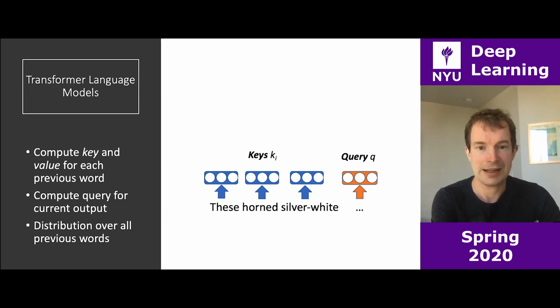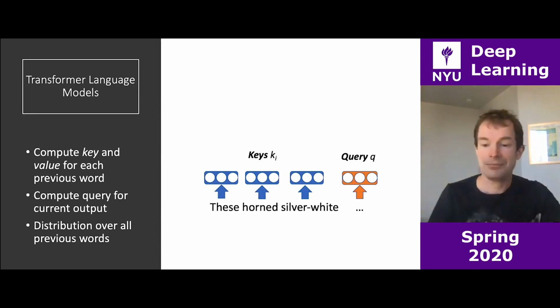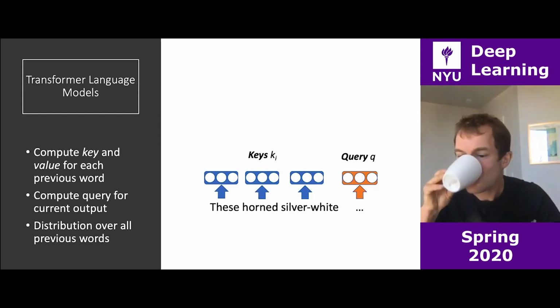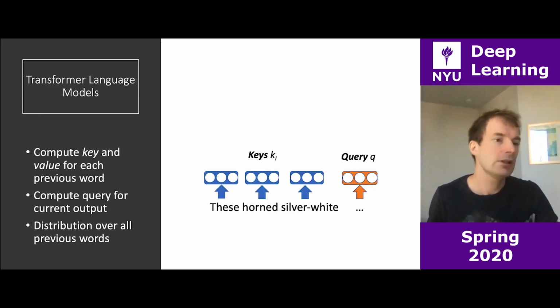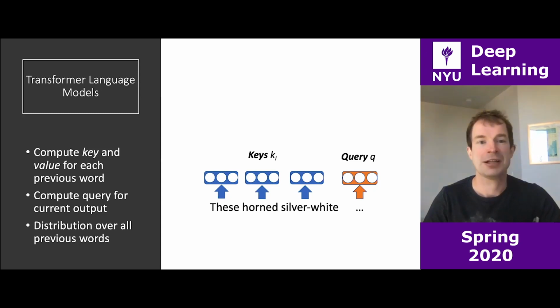And these are just going to be linear layers based on the current state of this layer. Tomorrow we're going to be coding this in practice, so we're going to be seeing all the small details in the code as well. Great. Okay. So you can think of this query as the model asking a question of its context so far, that's going to help it predict what the next word should be.